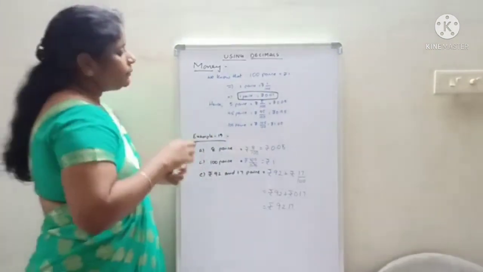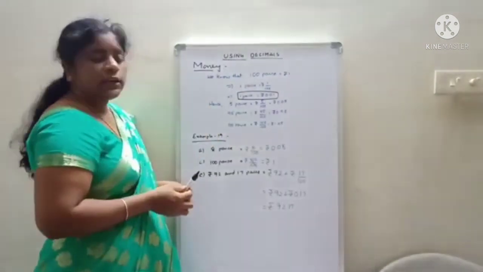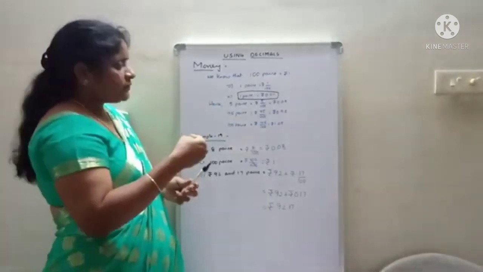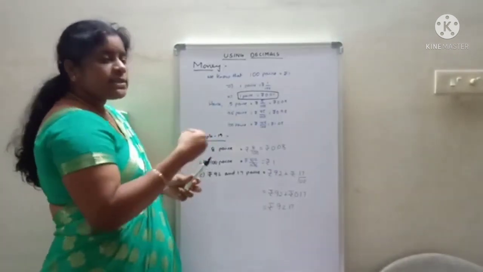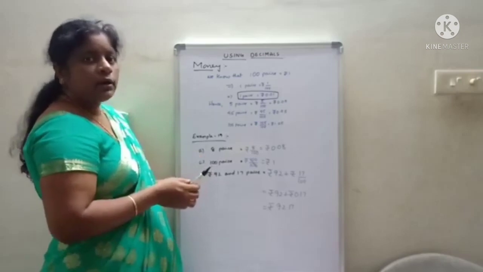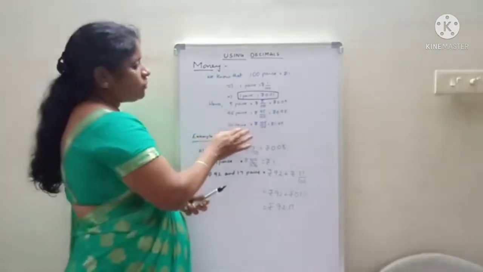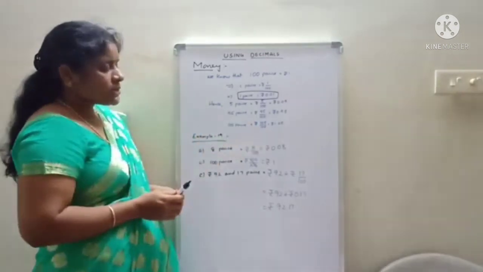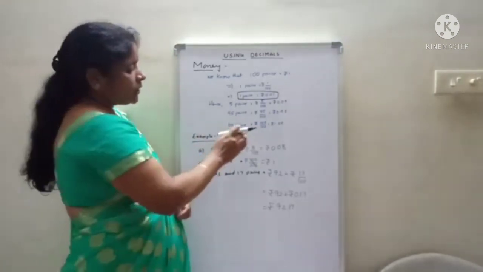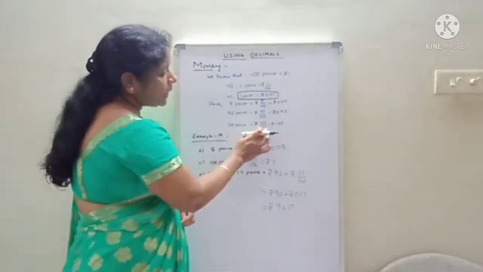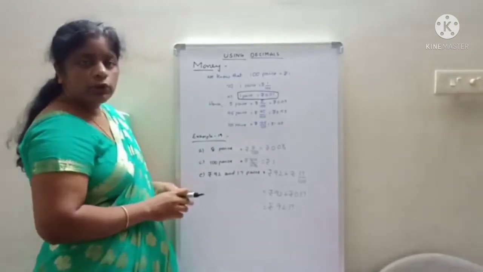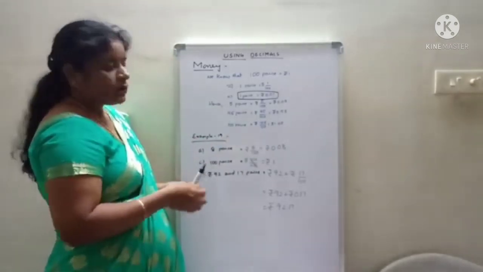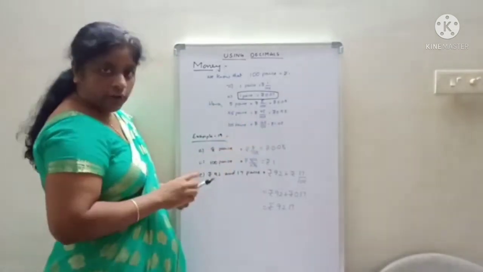So 95 paise equals rupees 95 by 100, which is nothing but rupees 0.95. And 105 paise equals, directly you can do, rupees 105 by 100. Keep the decimal point after 2 digits from right to left, so rupees 1.05.